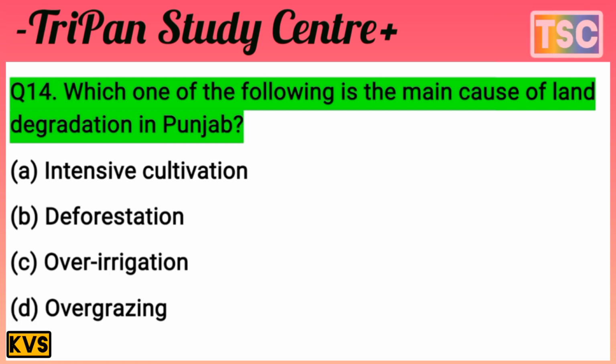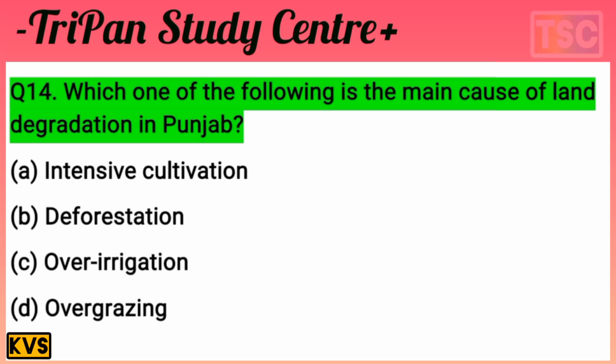You must have thought of your answer. Let's see what our answer is. That's an interesting question: the main cause of land degradation in Punjab. Intensive cultivation is not degrading the land in Punjab, so the first option is rejected.